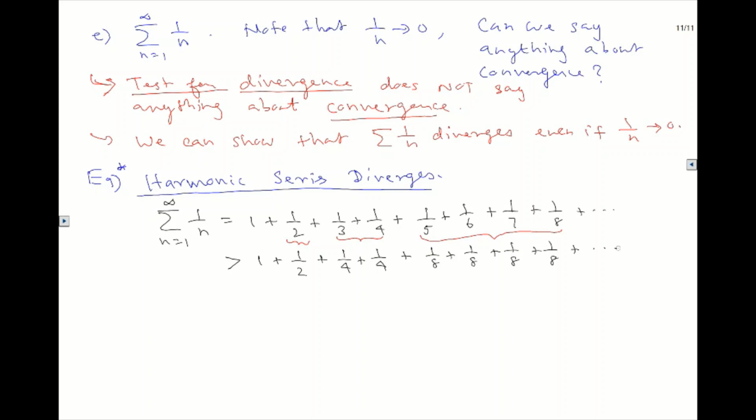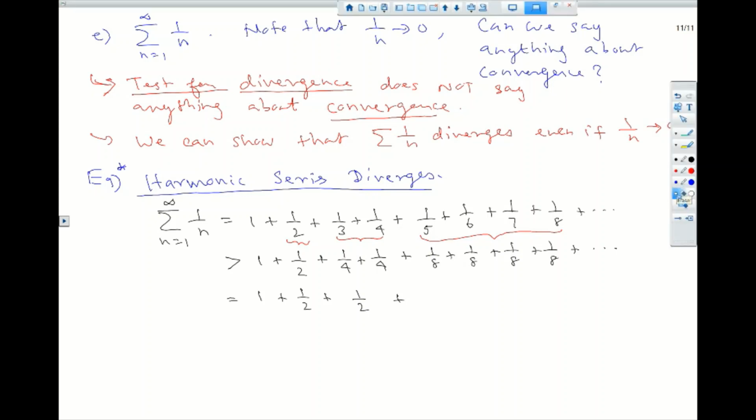Now you can add it up. So you're going to get 1 and then 1/2. If you add 1/4, 1/4, it's about 2/4. That means it is 1/2. Actually, I can write one more step.